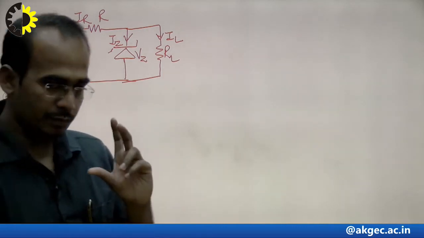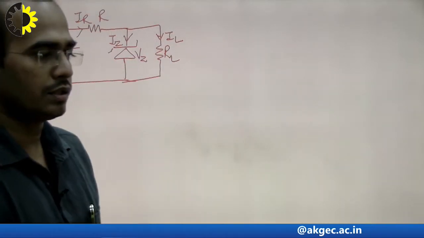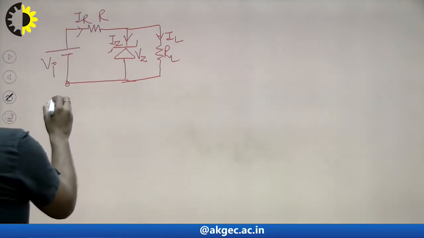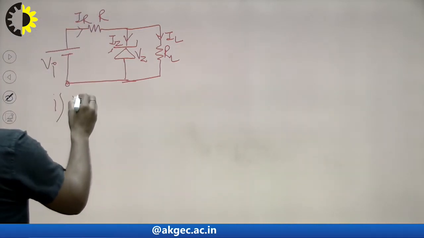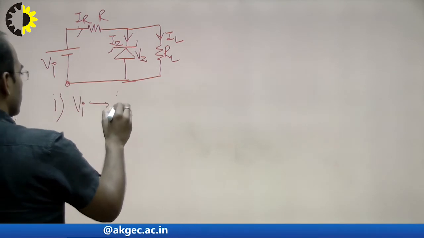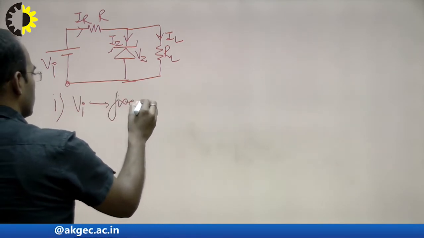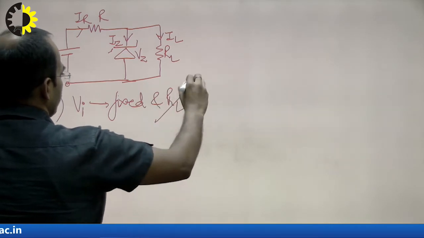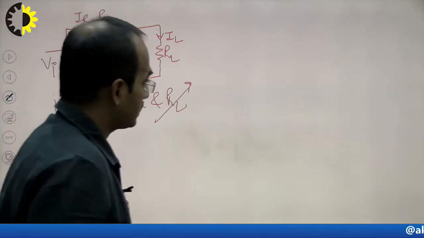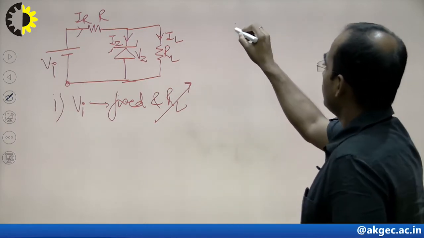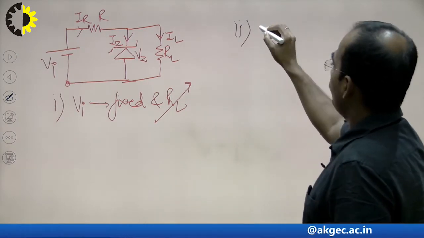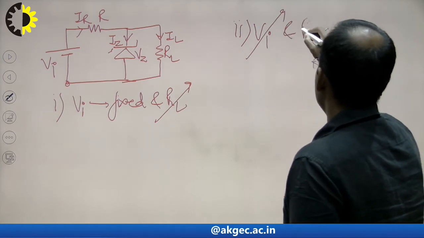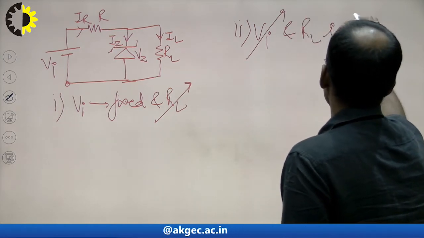Okay. Now, I told you that for understanding how the Zener is maintaining a constant voltage across the load resistance, we will vary it; there are two conditions. First is VI is fixed and RL is variable, and the second condition is VI is varying and RL is fixed.